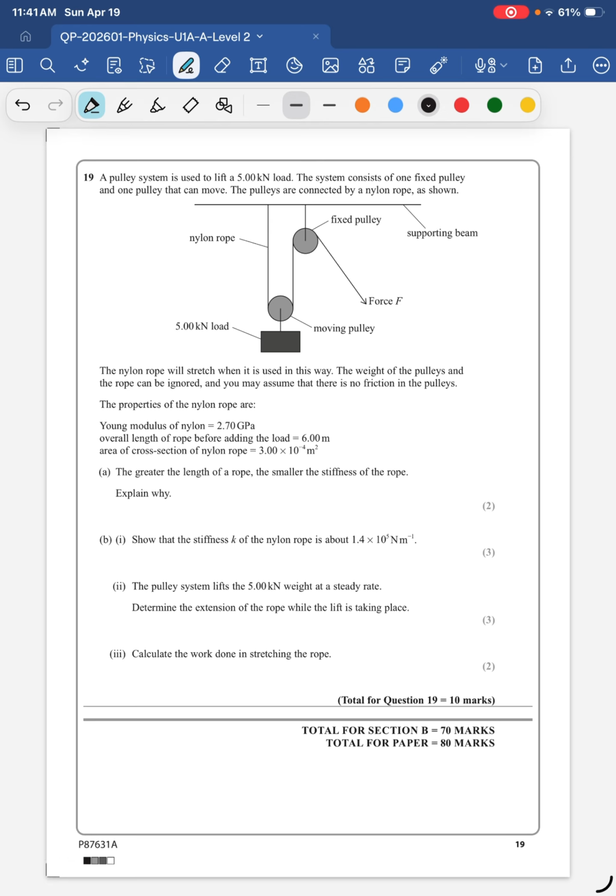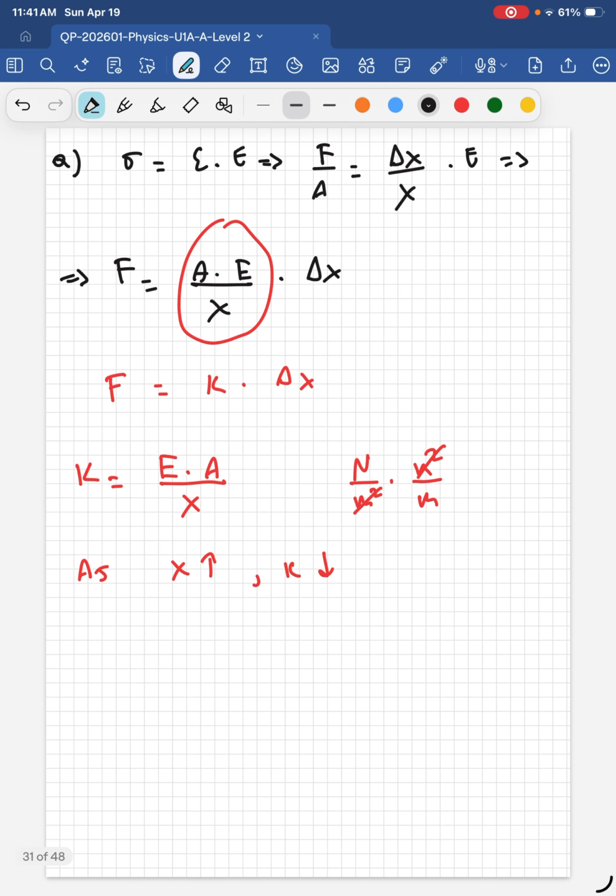Part B, part 1. Show that the stiffness k of the nylon rope is about 1.4 times 10 to the 5 newtons per meter. So k is equal to the Young's modulus, 2.7 times 10 to the 9, times the cross-sectional area, 3 times 10 to the negative 4, over 6 meters.